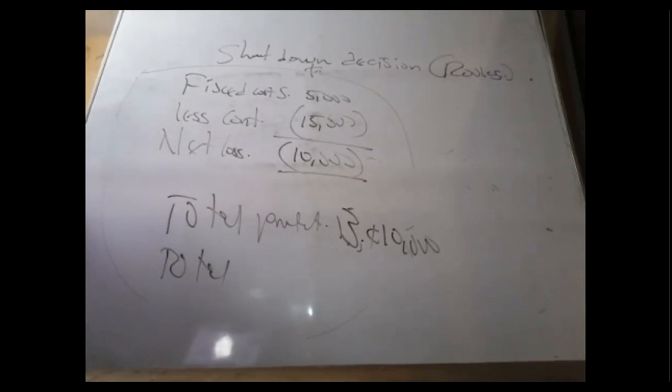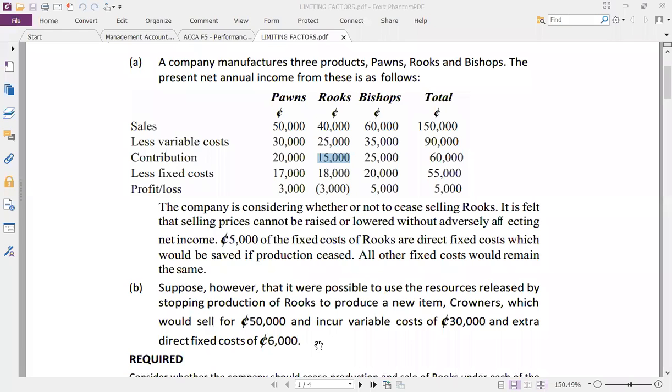Okay, let's go to part B. B is saying that suppose, however, that it were possible to use the resources released by stopping production of fruits to produce a new item, which will be sold for 50,000 cedis and incur a variable cost of 30,000 and extra direct fixed cost of 6,000.